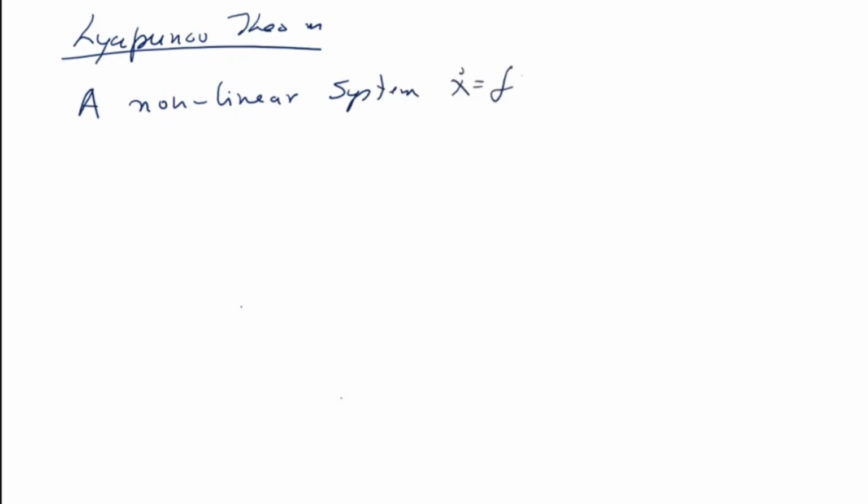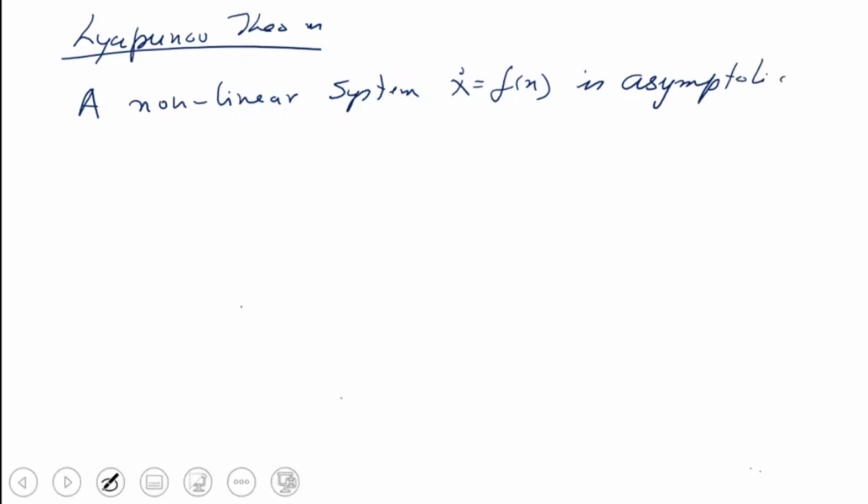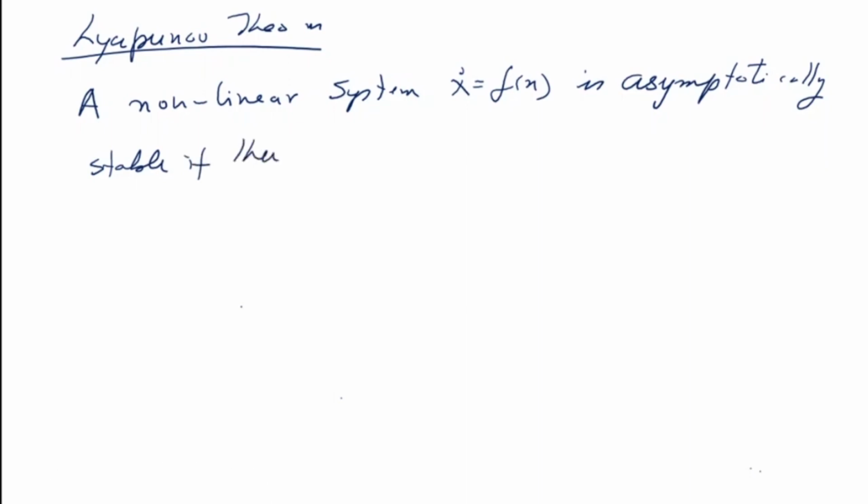A nonlinear system x dot is equal to f of x is said to be asymptotically stable if there exists a positive definite, differentiable scalar function of the state variables V of x, with V dot of x being negative definite.